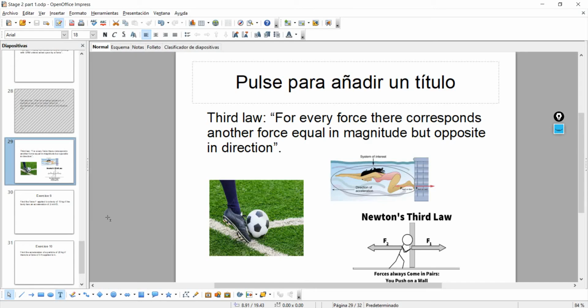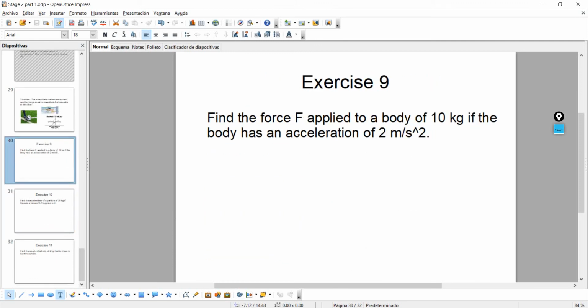Okay, now let's look at three examples, guys. Three very quick examples of these laws so that we can finish this stage. So exercise number 9. It says, find the force F applied to a body of 10 kilograms. Let's draw the body.